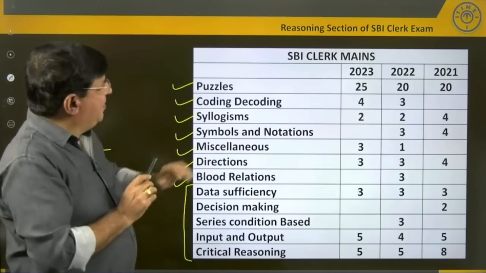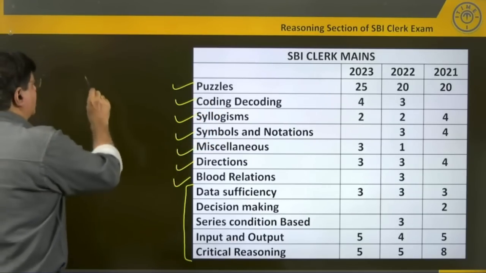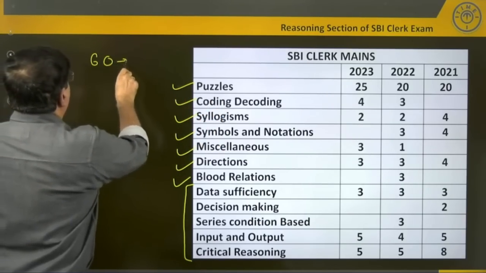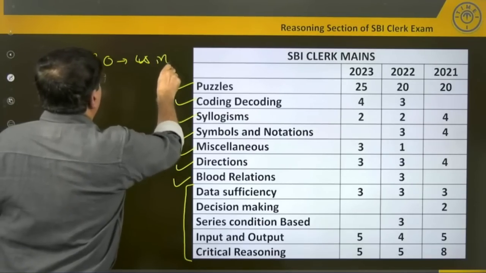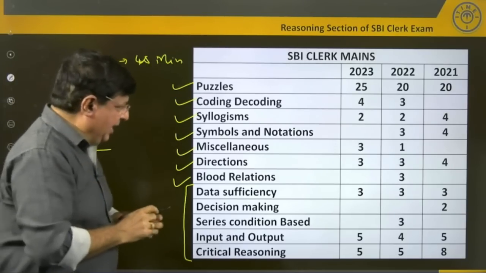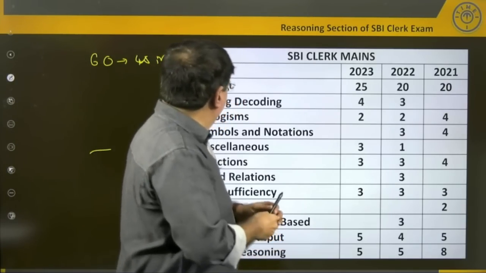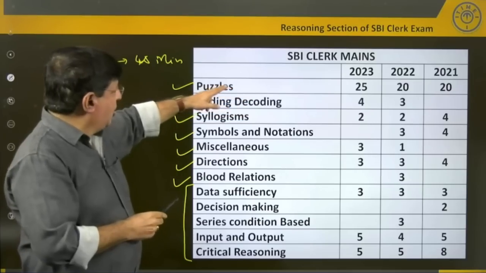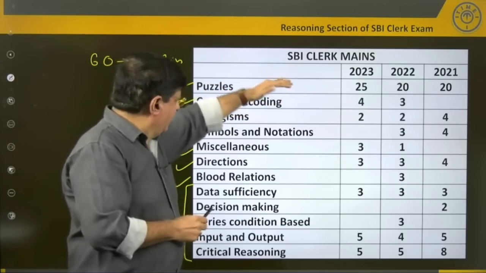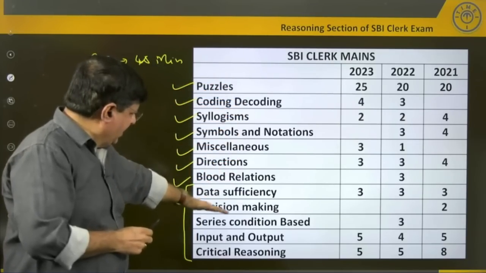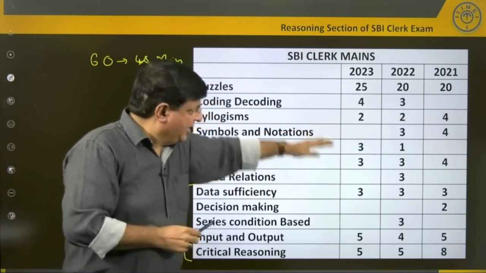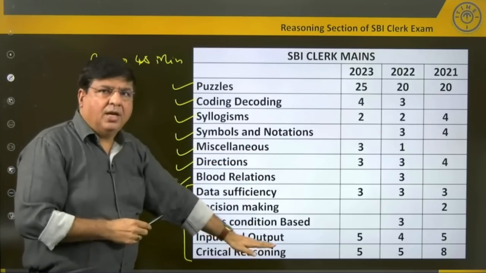Alright. Now in this mains, the number of questions are 60 and the duration is 45 minutes. Now you can have a look at this. The most important topic again here is puzzles. The weightage will be about 40 to 50%, and from all these other topics you have about 3-4 questions. As you can see, there are no questions on computers.